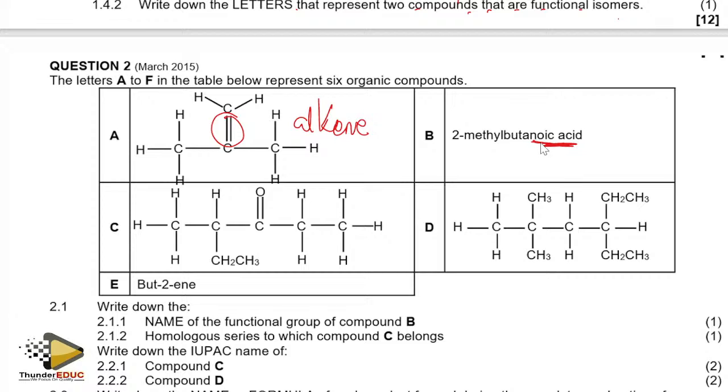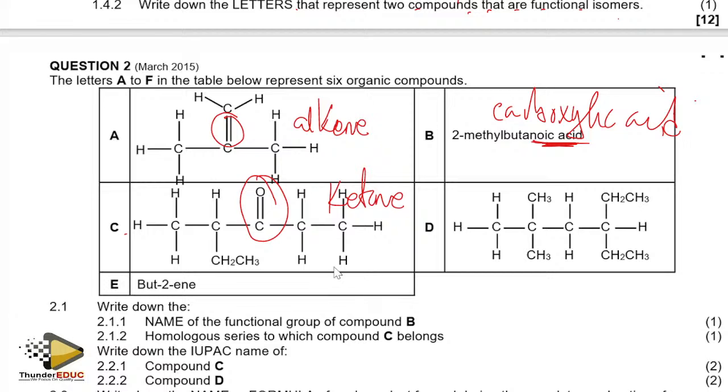We say that oic acid is a carboxylic acid. We have C. This one is a ketone. And then D, we don't have any double bond, so it becomes alkane. Yes, this one is alkene. Well, this one is alkane.